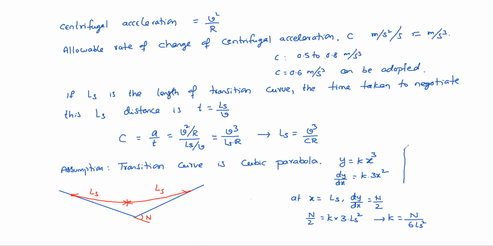So now we got y equal to n by 6 ls square into x cube as the equation of this cubic parabola. dy by dx is n by 6 ls square into 3x square. d square y by dx square is n by 6 ls square into 6x.